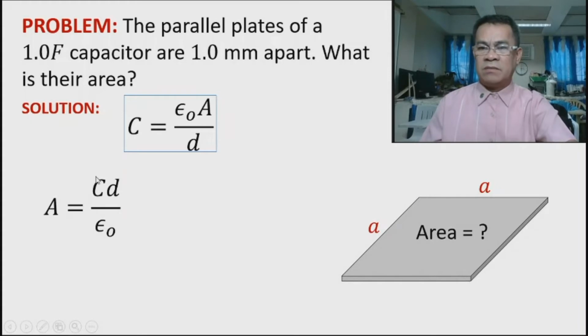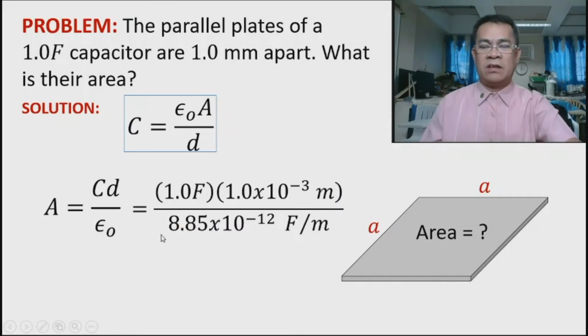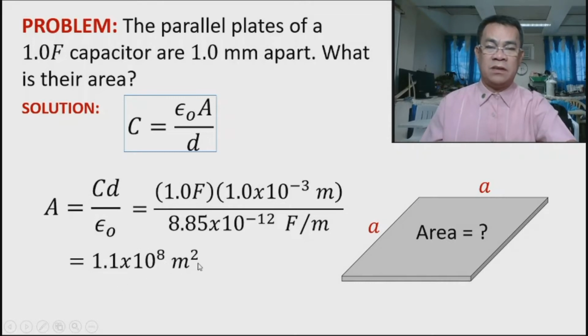Transforming this equation, A becomes C D over permittivity. Substituting the values, 1 farad times 1 mm, divided by 8.854 times 10 raised to negative 12, the answer is 1.1 times 10 raised to 8 square meters. This is the area required for 1 farad.